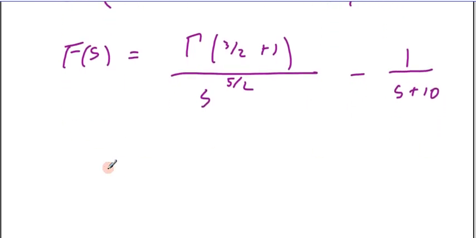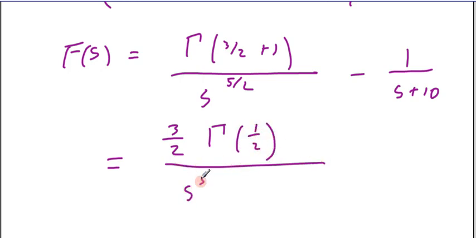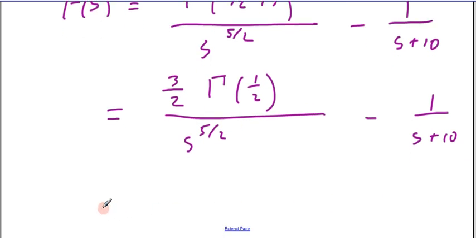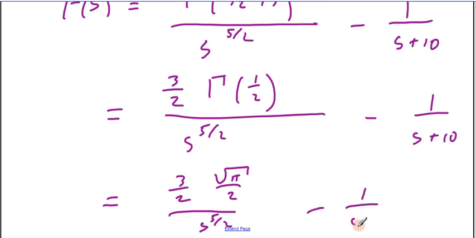Okay, now this is going to be 3 over 2 gamma function of 1/2 over s to the 5 over 2 minus 1 over s plus 10. And then we're going to have 3 over 2 square root of pi over 2 s to the 5 over 2 minus 1 over s plus 10.